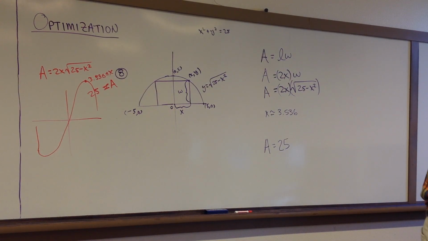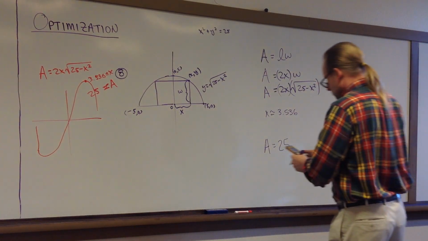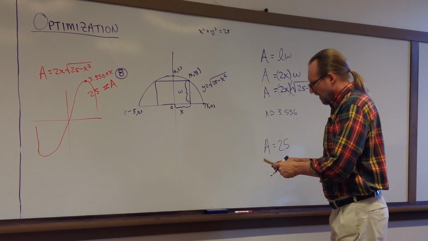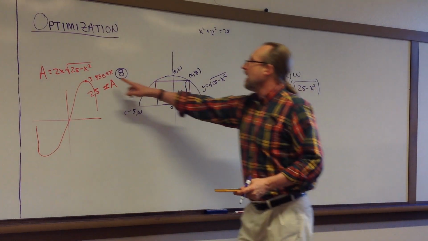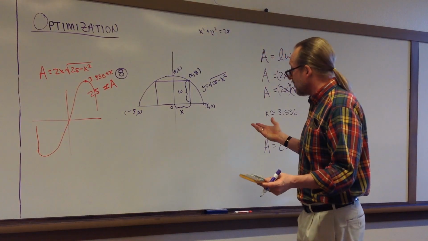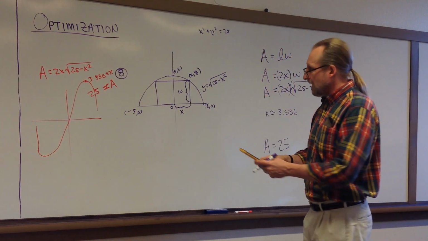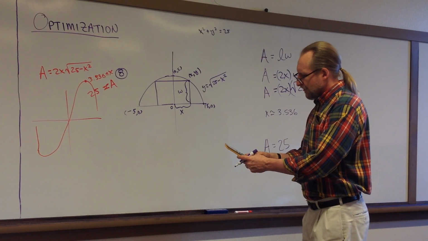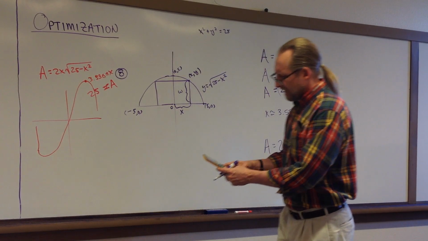And then we need the y coordinate. So again, I'm going to store this value as x. That's an important part, because if you don't change what the value of x is, it's just going to hold on to what you stored in there last time. 3.536.